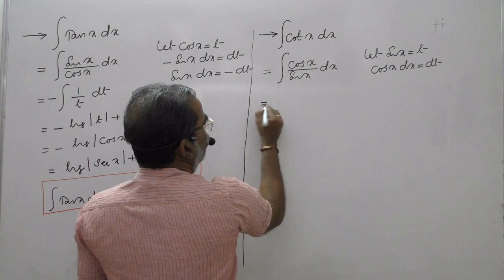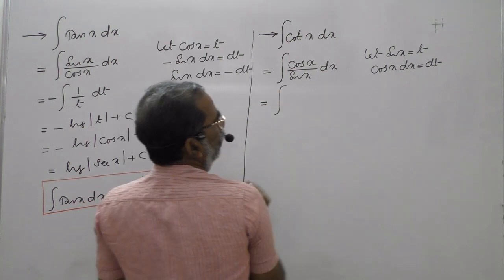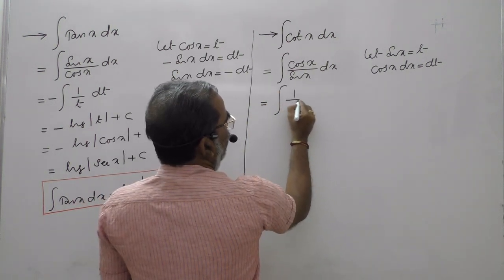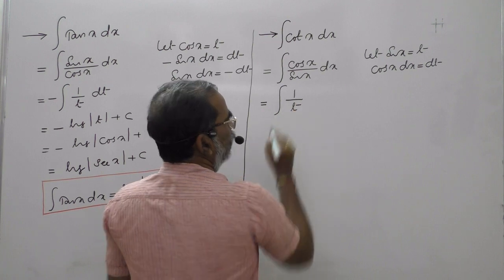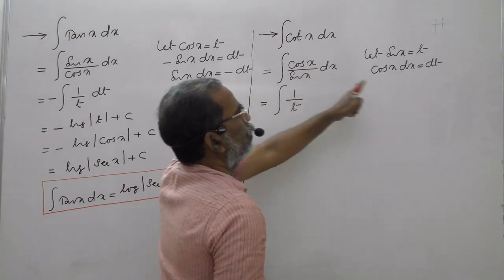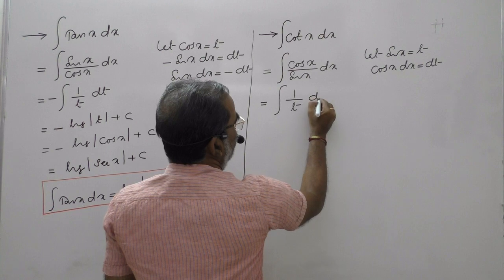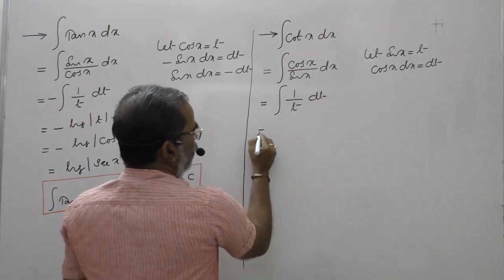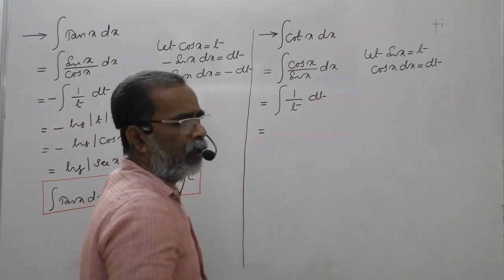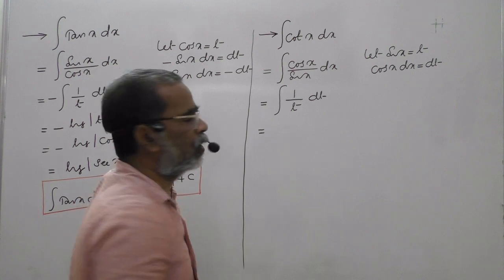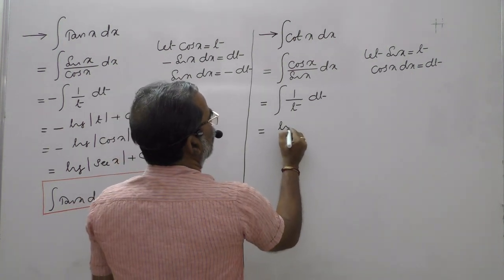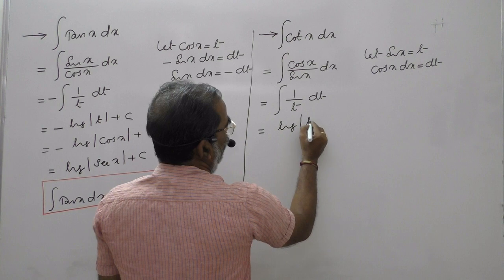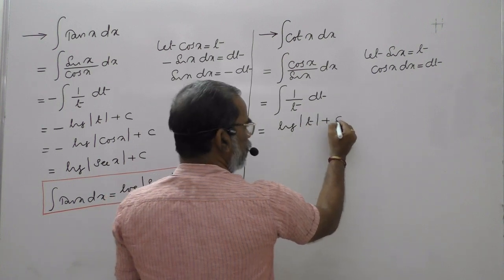With this substitution, we have taken sin x as t, so 1 by t, and cos x dx becomes dt. It is the standard integrand 1 by x whose integral is log of mod x. Therefore, it is log of mod t plus c.